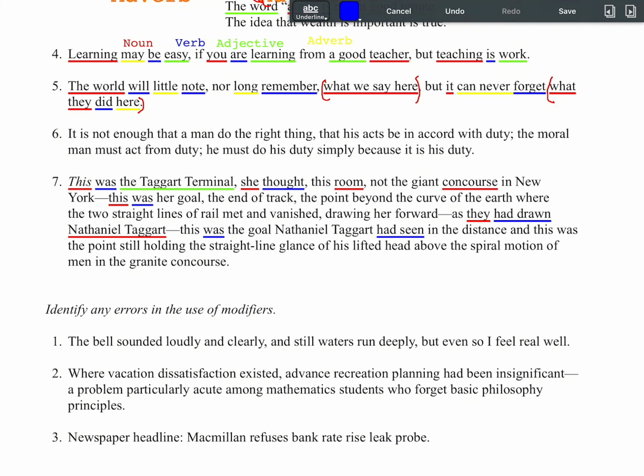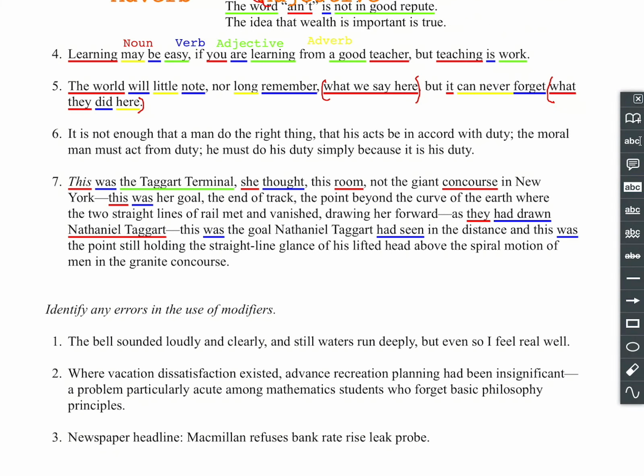No, no, no. Alright, we got some verbs marked a bit.